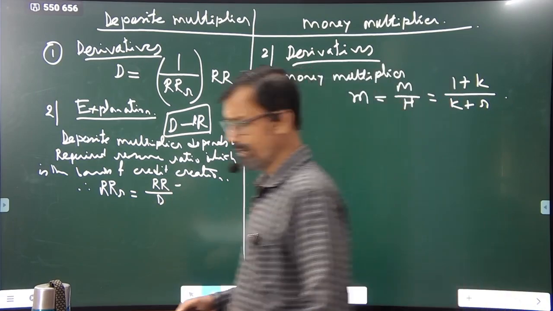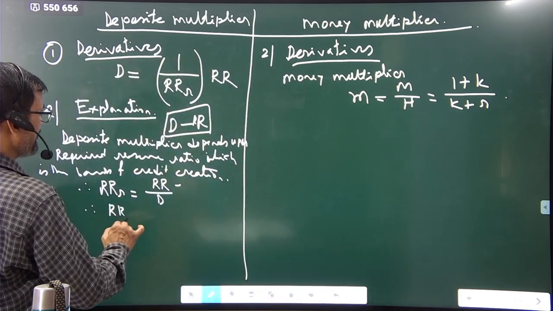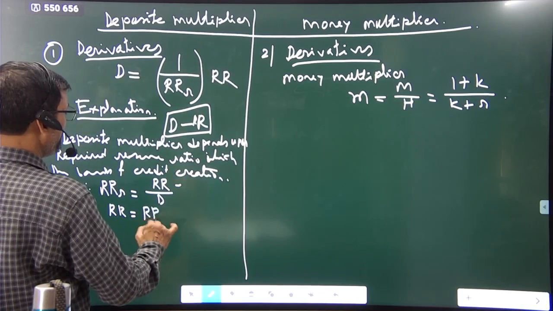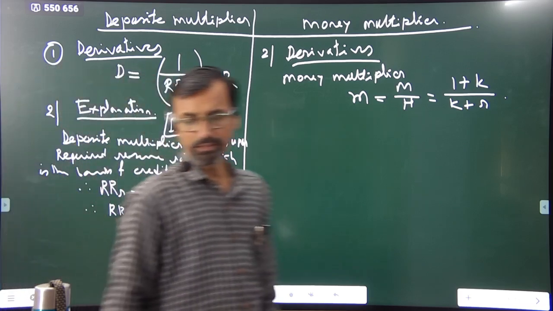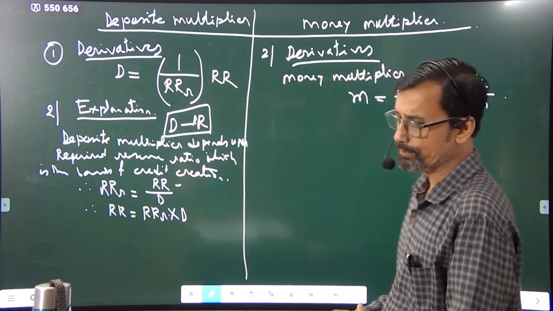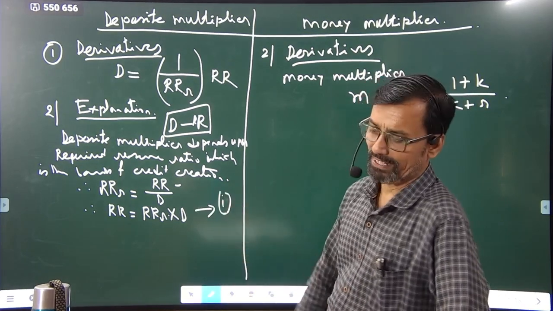So that is why the required reserve amount will be the required reserve ratio into D, where D is the deposit of the bank, the public deposit. So D indicates the public deposit of a bank.